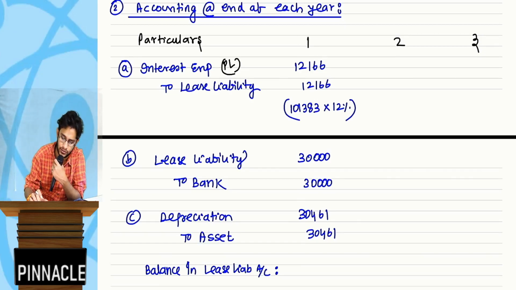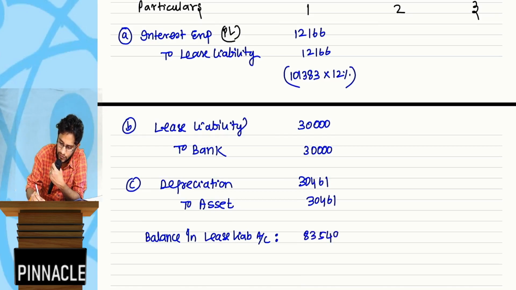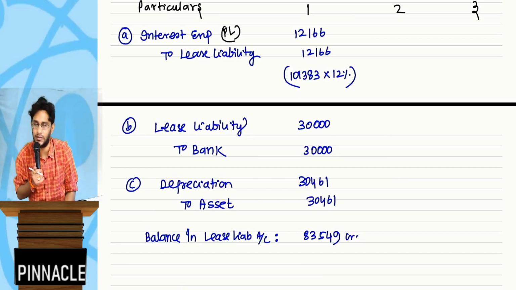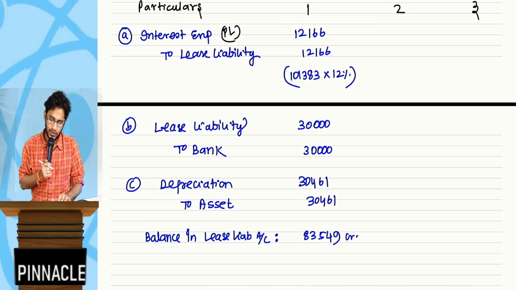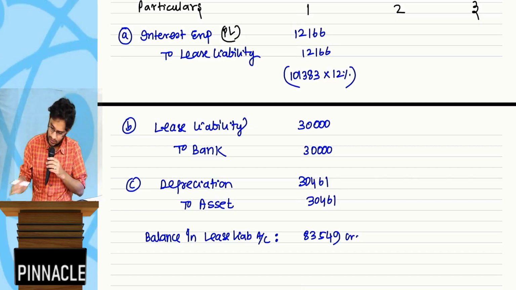So you add 12,166. Second entry minus 30,000. So that is 83,549 credit balance. Sir, for liabilities, further credit is plus, debit is minus. For assets, further debit is plus, credit is minus. Liabilities will have a credit balance, no? So more credit means it will increase. Assets will have a debit balance. Chalo sir, next.